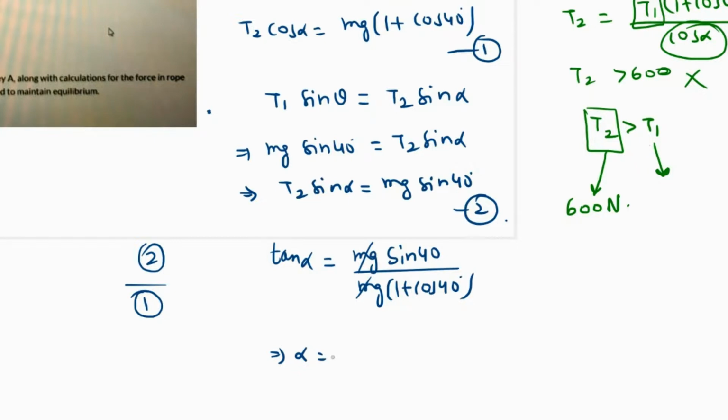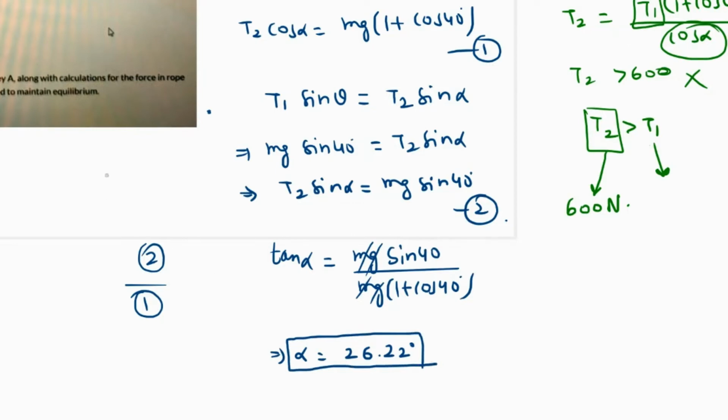It's sine of 40 over 1 plus cos of 40, and the tan inverse of this value comes out to be 26.22 degrees. That is the value of alpha.